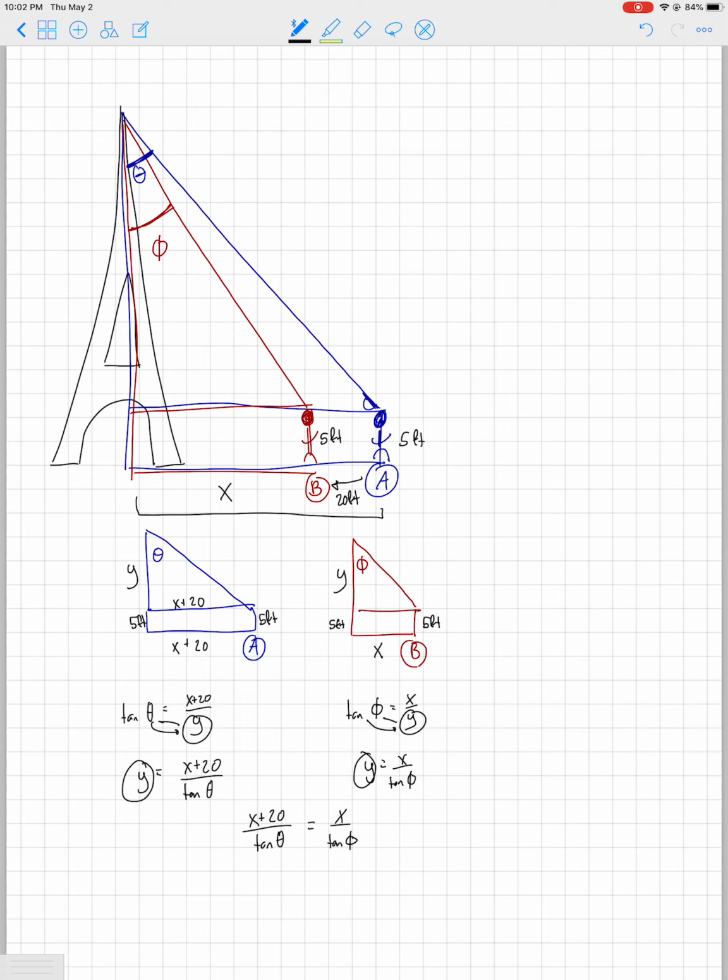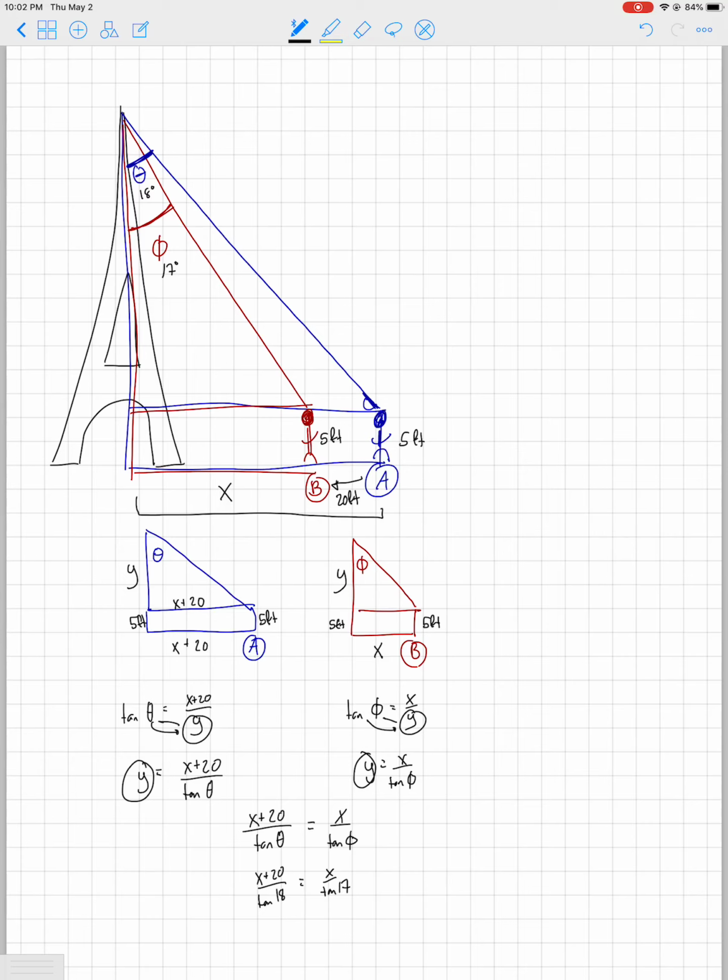So let's actually pretend and make up some answers here. Let's say angle phi is 17 degrees, angle theta is 18 degrees. So we have these two angles. Let's plug it in. We get x plus 20 over tangent of 18, and x over tangent of 17.